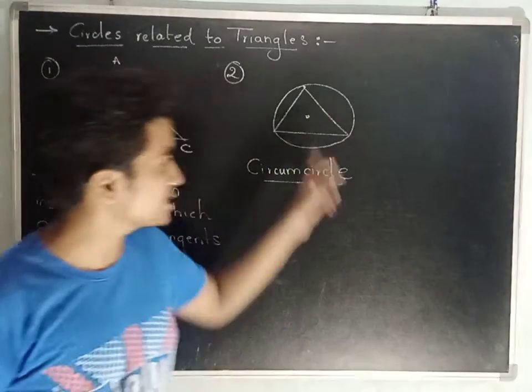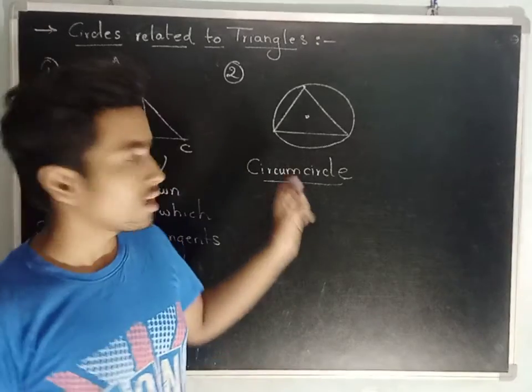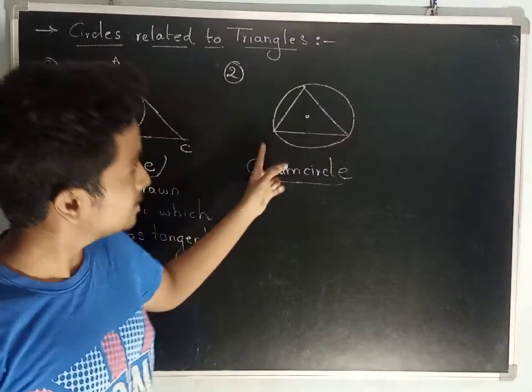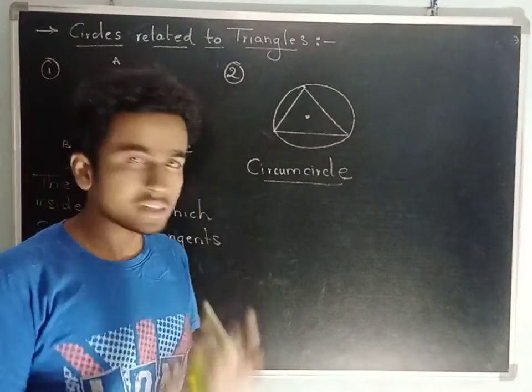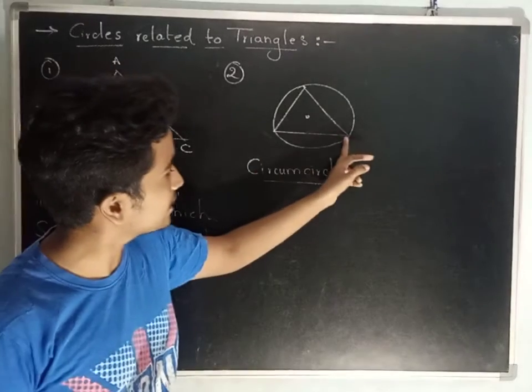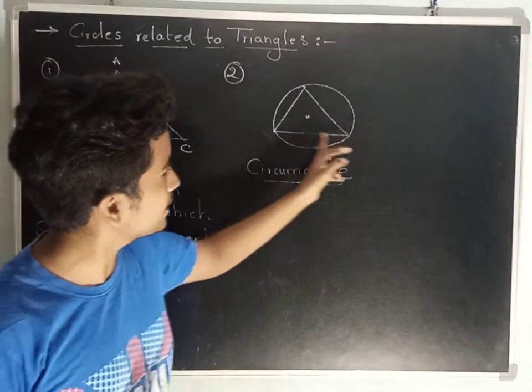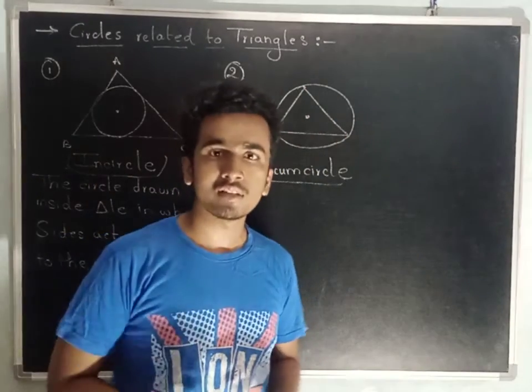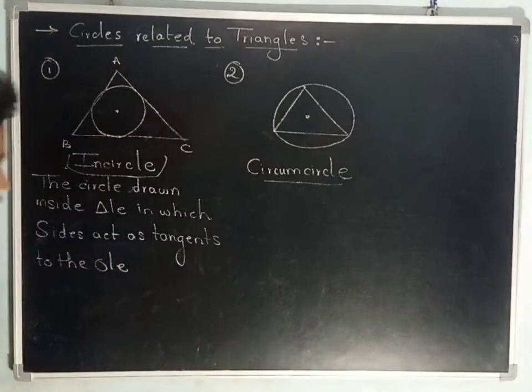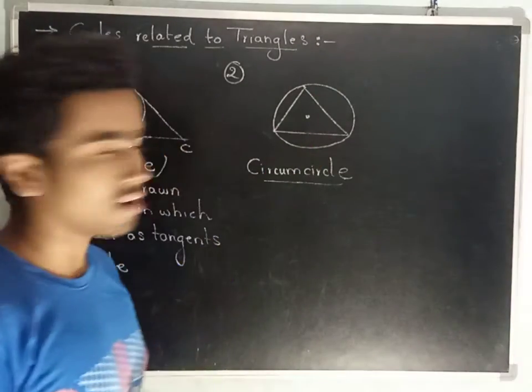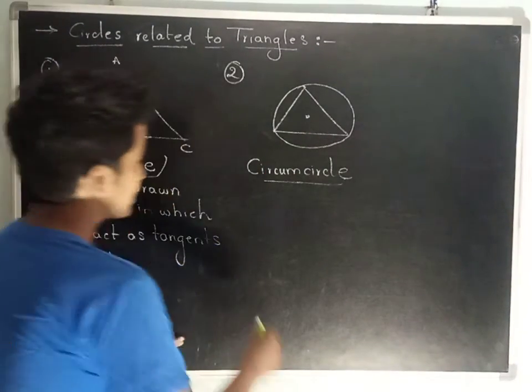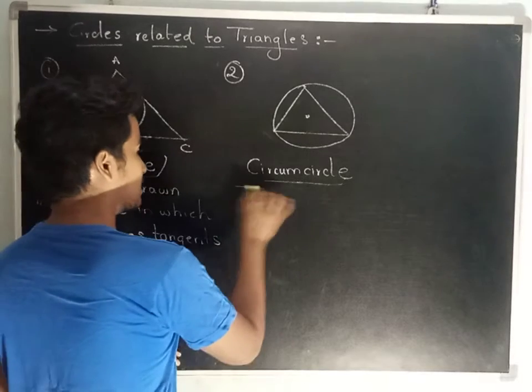Circumcircle is nothing but the circle drawn on the triangle, outside the triangle, so that it passes through the vertices of the triangle and the sides of the triangle act like chords. Okay, this type of circle is called as circumcircle. Let me write the definition.